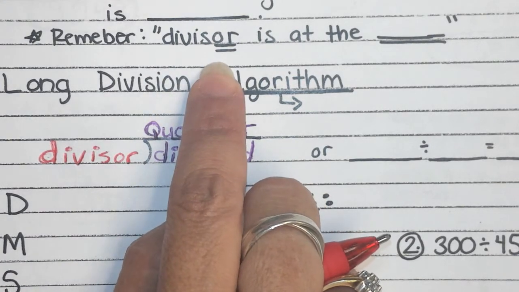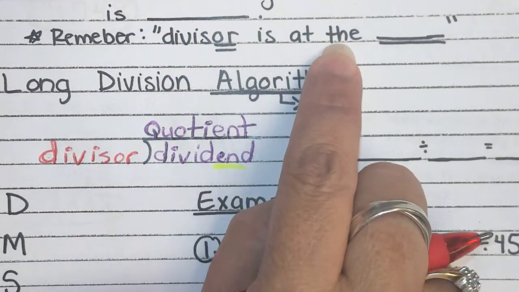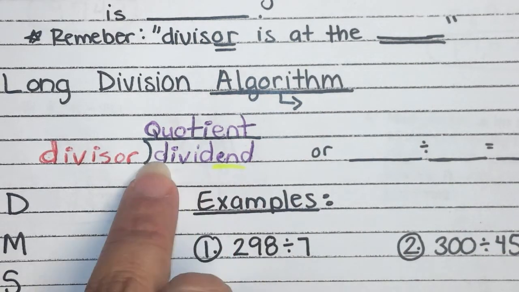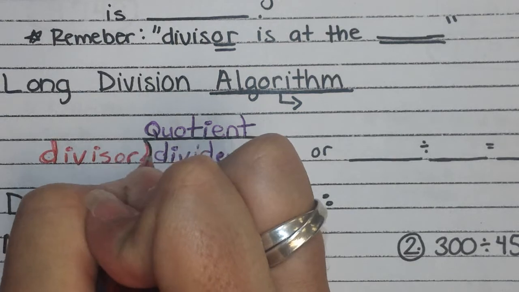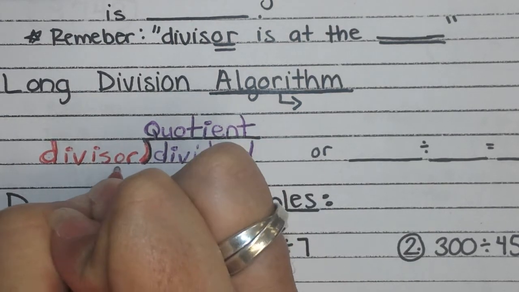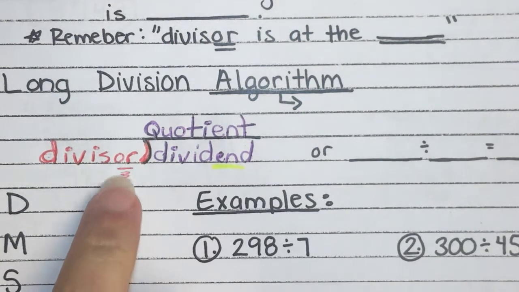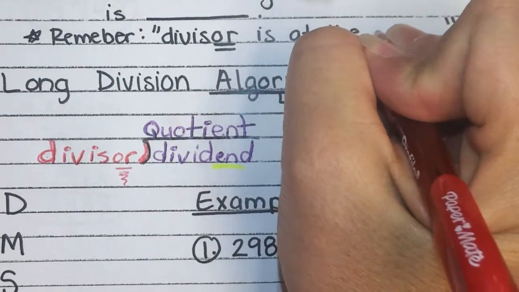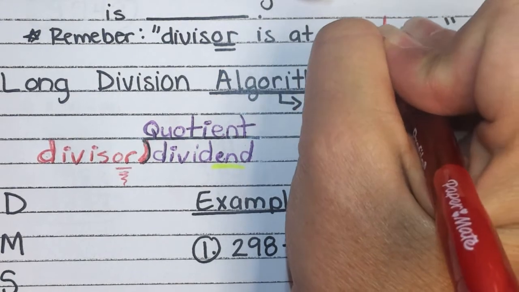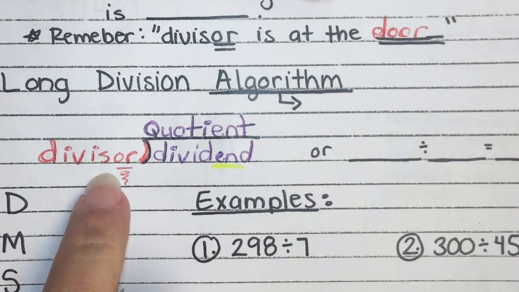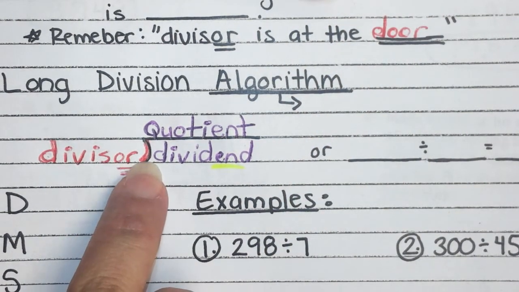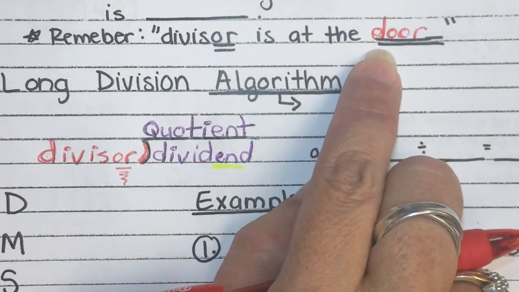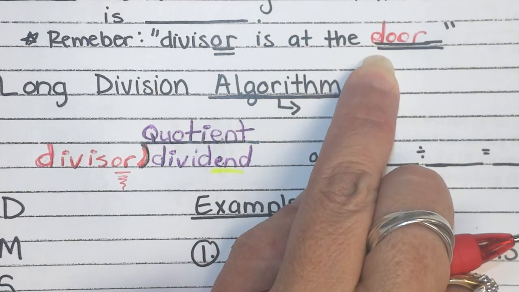It says divisor is at the... if this is the house, what do you think this thing that ends in an OR is? What do you walk through? Door. I've never learned it this way, but whatever works. Divisor is at the door of the house. So divisor is at the door. That's just another way to remember it, if it'll help you at all.